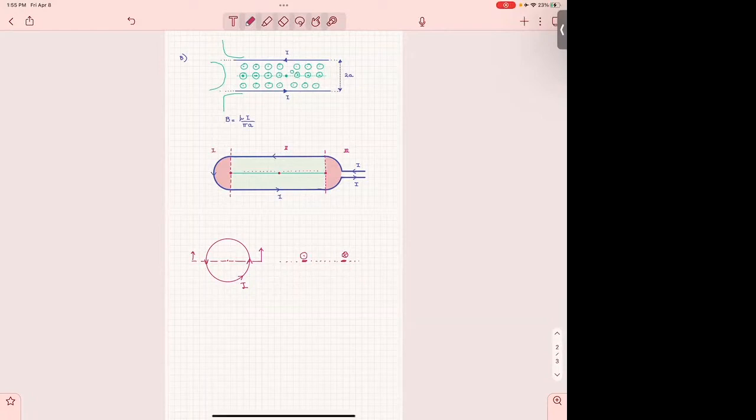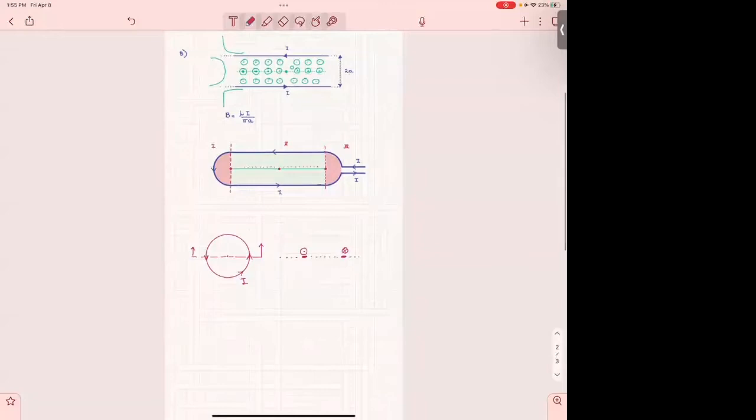And how does the field look? The same kind of thing. There is strong cancellation out here, and out here. And then it goes like that inside. It goes like this.